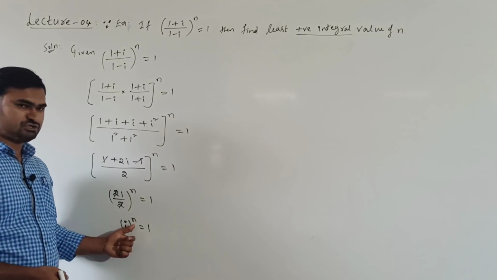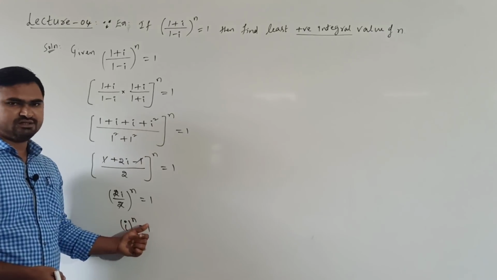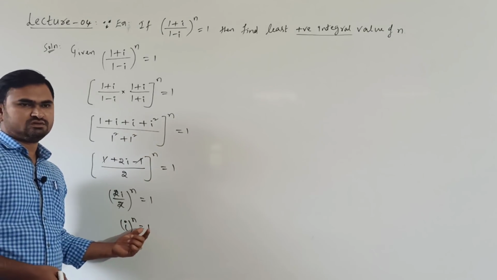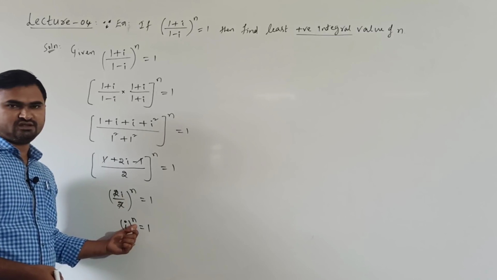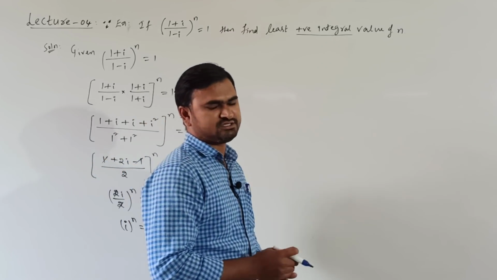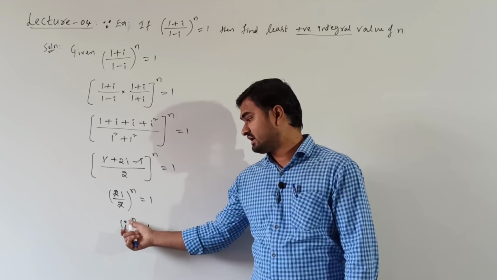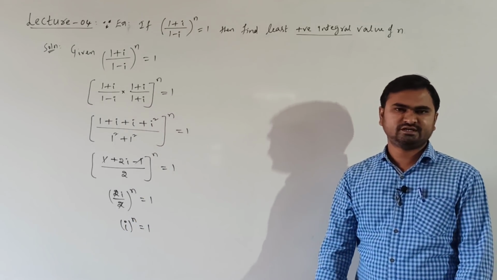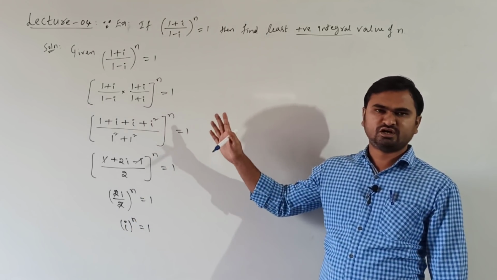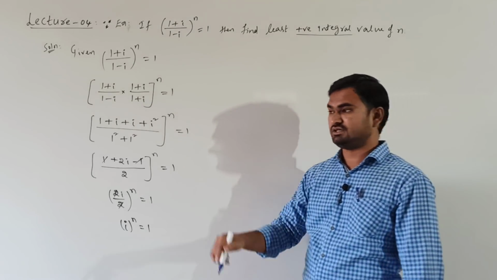Next, if I take n as 2, i square, is it equal to 1? No. So what is the least value of n? It should be 4. Not only 4, actually we can take any multiple of 4. We know i power any multiple of 4 is always 1, but out of all that, 4 is the least integral value.